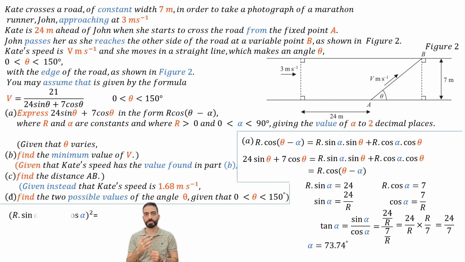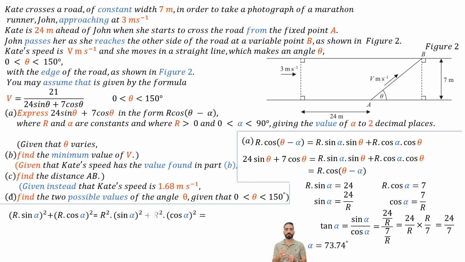(r sine alpha) squared plus (r cosine alpha) squared equals r squared sine squared alpha plus r squared cosine squared alpha. And here we take the common factor, r squared. And because sine squared alpha plus cosine squared alpha equals 1, this is a rule, we get r squared.